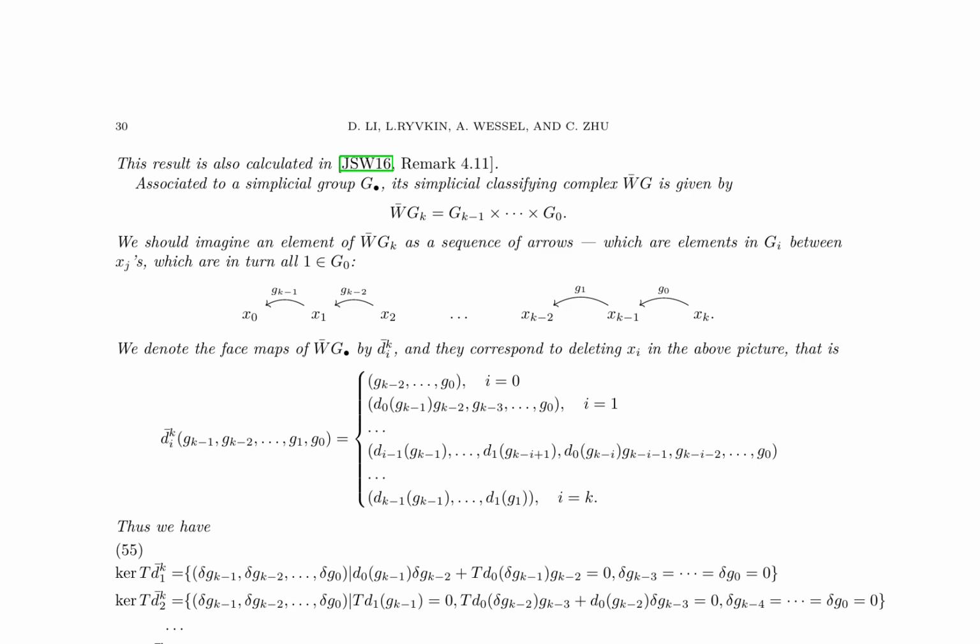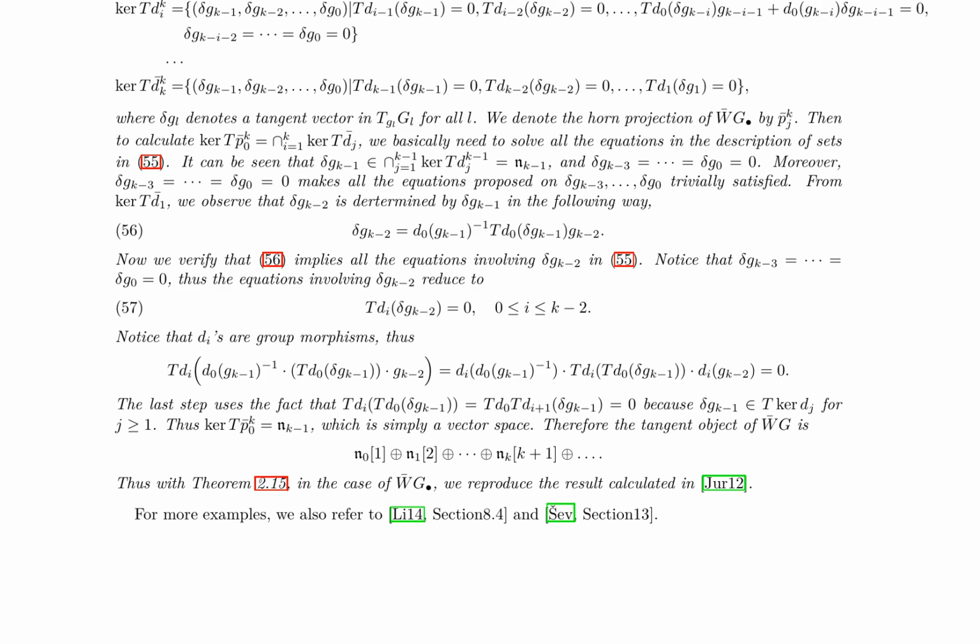observed that δg_k^1, an element of the intersection over j = 1 of ker Td_1^j, equals n_k^1, and δg_k^3 equals δg_0 equals 0. Furthermore, δg_k^2 is determined by δg_k^1 through the equation δg_k^2 = d_0 g_k^1 Td_0 δg_k^1, which implies all equations involving δg_k^2 in the kernel descriptions.